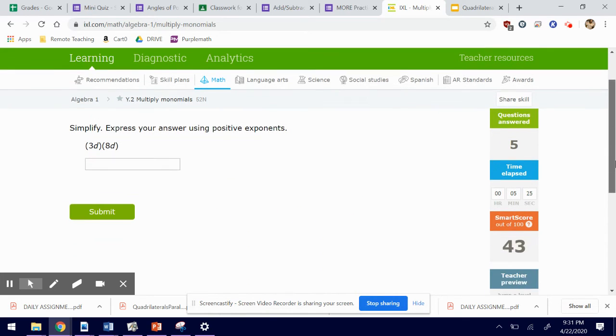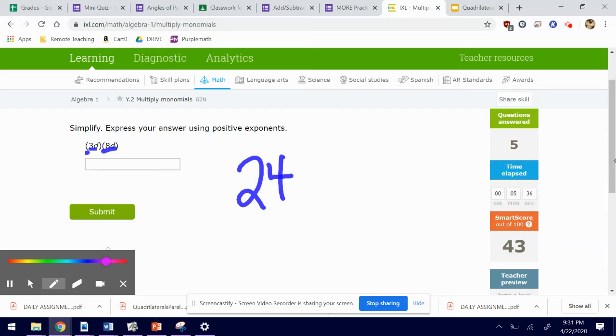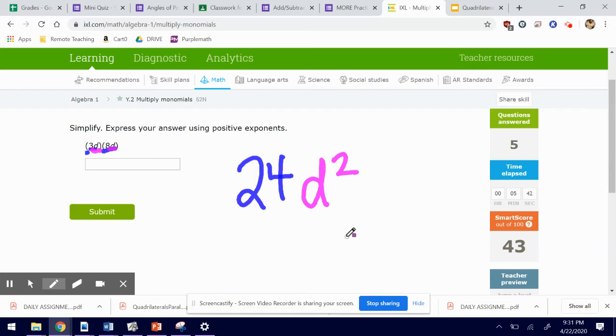Okay, I'm going to worry about my coefficients. 3 times 8 is 24. D times D is D squared. So final answer, 24d squared, or d to the second.